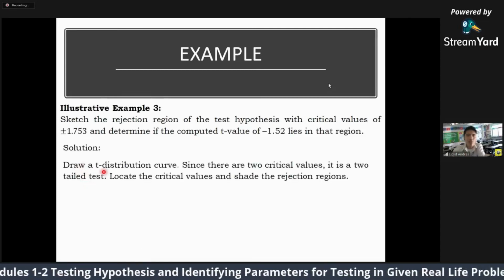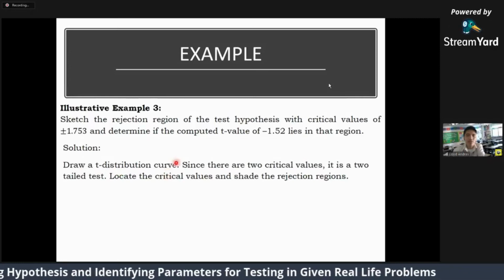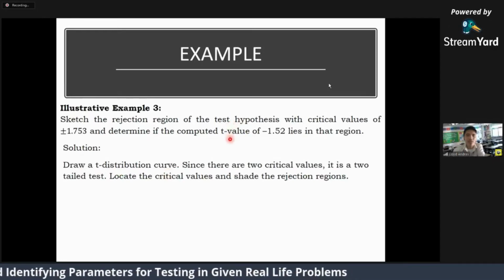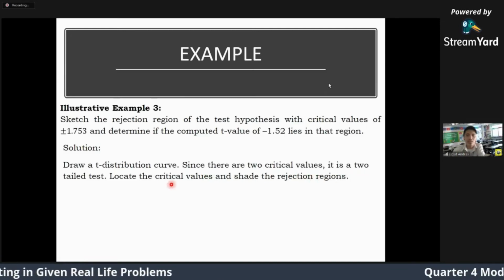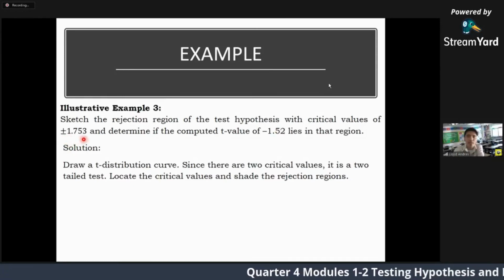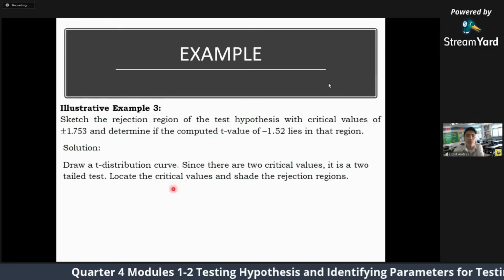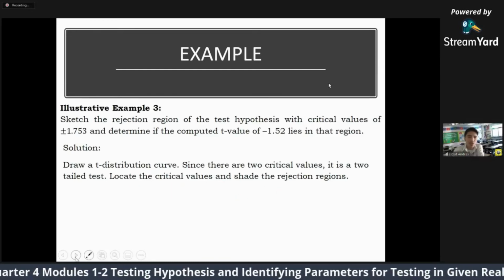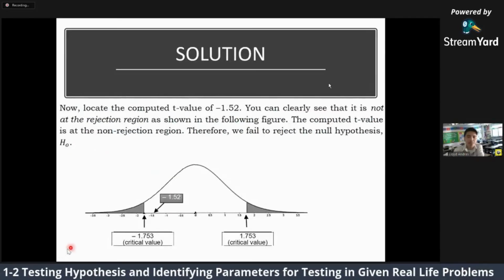You draw a t-distribution curve because it is a t-test. Since there are two critical values, it is a two-tailed test. The critical values are positive 1.753 and negative 1.753. Then we locate the critical values and shade the rejection region.